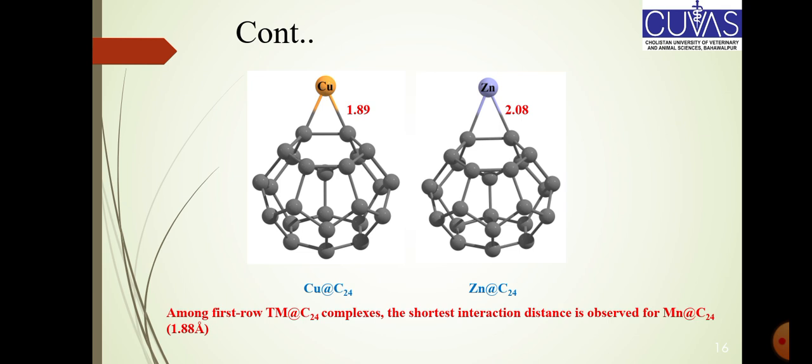Among the first row transition metal complexes, the shortest interaction distance is observed for manganese, which is 1.88 angstrom and confirms the strongest interaction of manganese with the C24 nanocage.